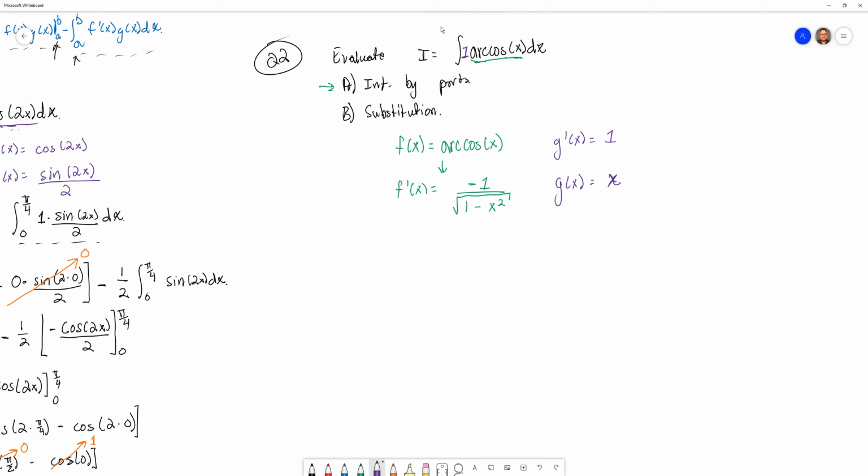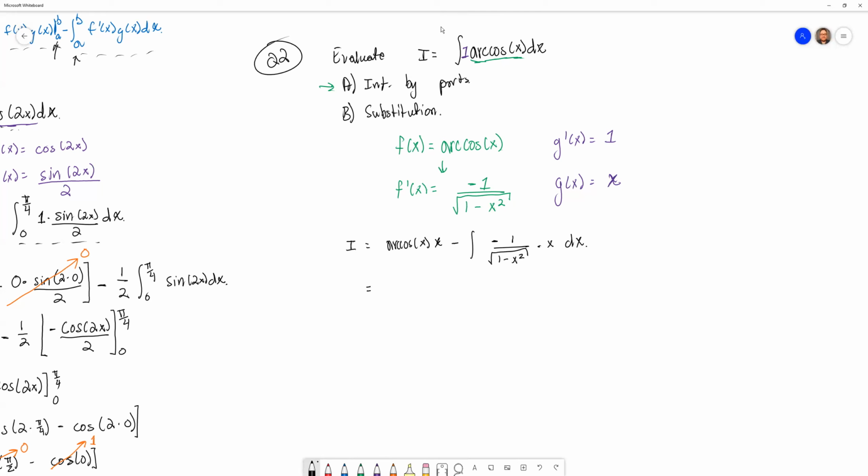Okay, and so then we go ahead and start subbing in. So I is equal to f of x, g of x, so arc cos of x times x, minus the integral of f prime of x, g of x. So we have -1 over the square root of 1 minus x squared times x dx.